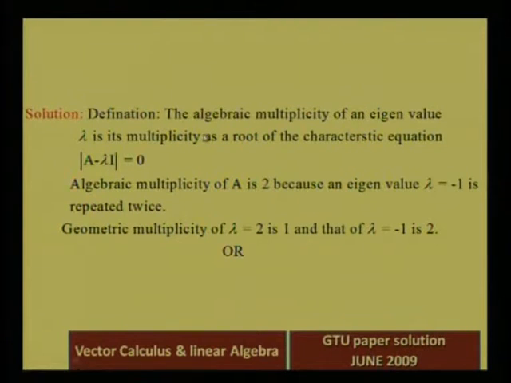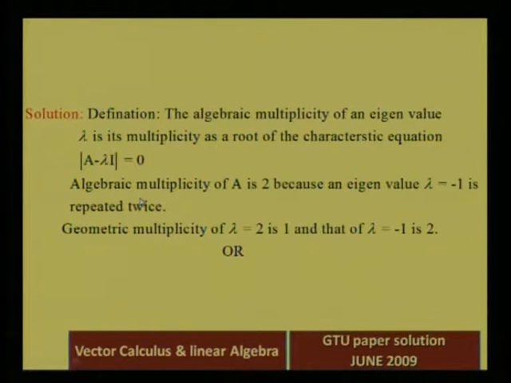In this question paper you only need to write the definition of algebraic multiplicity. So here I mention it: the algebraic multiplicity of an eigenvalue lambda is its multiplicity as a root of the characteristic equation, determinant of A minus lambda I equal to 0.